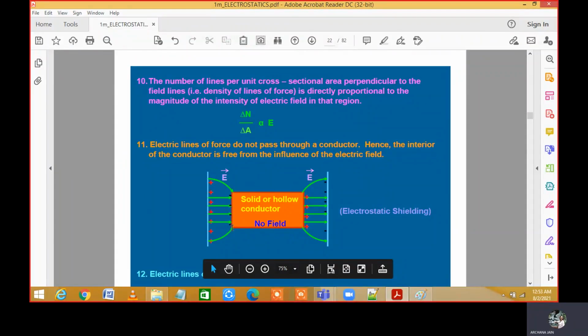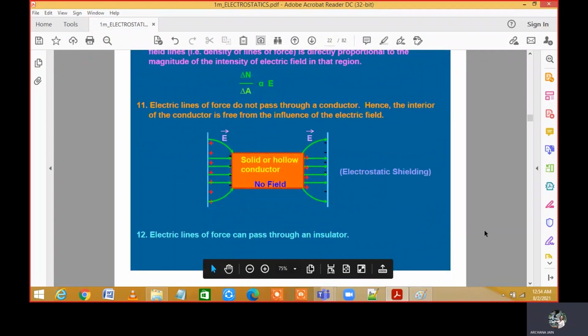Then the left end of the conductor, which is near the positive plate, becomes negatively charged, and the right side of the conductor, which is near the negative plate, becomes positively charged. Inside the conductor also there is an electric field, but it is equal and opposite to the applied one. That's why the net field inside the conductor is 0. That's why we say that there is no field inside the hollow conductor. But if we take an insulator, then electric lines of force can pass through an insulator.